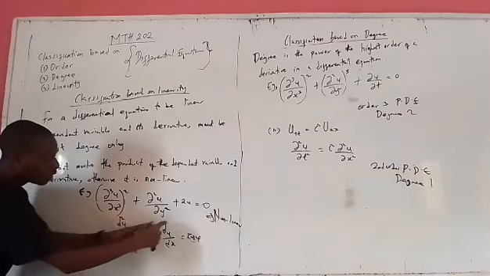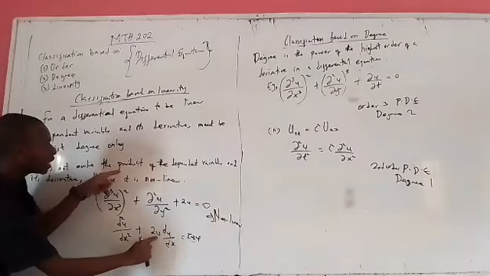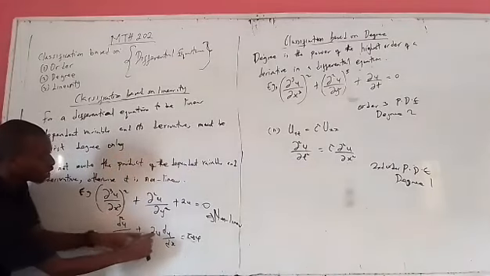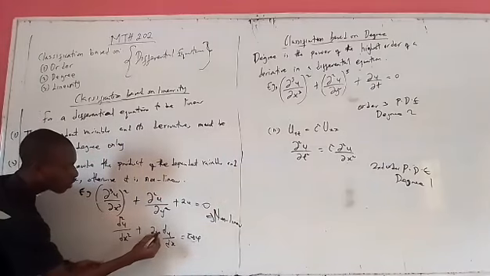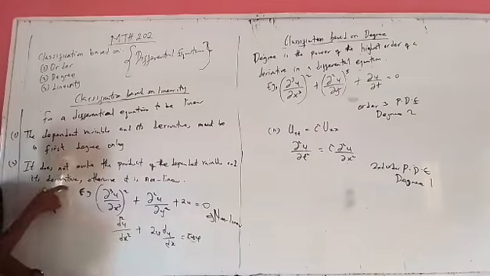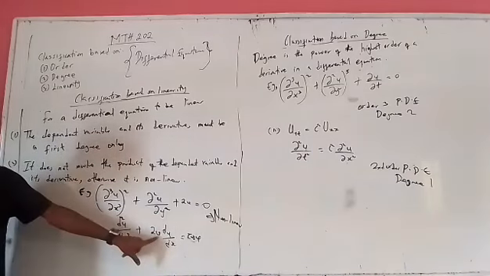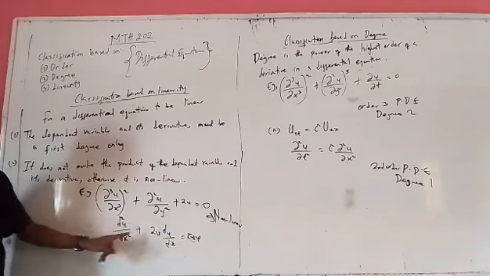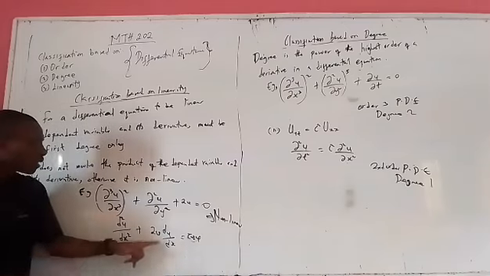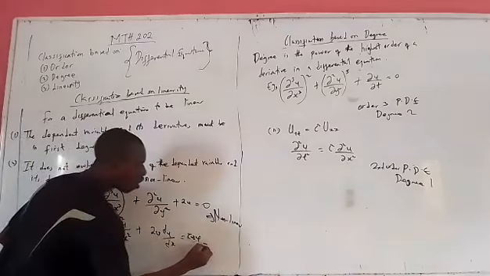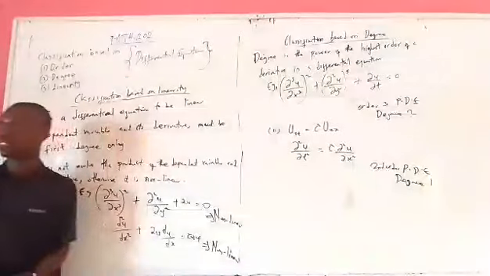Although the derivative is of first degree, because your dependent variable is being multiplied with your derivative, it is non-linear. So this must not multiply with this. Your u must not be attached to your derivative. It is non-linear. Do you understand?